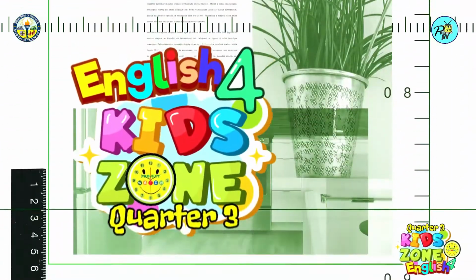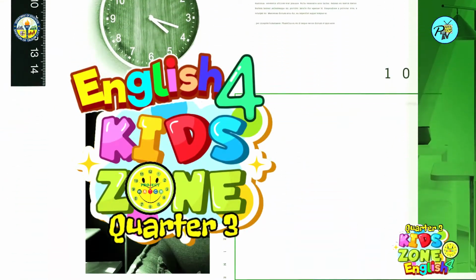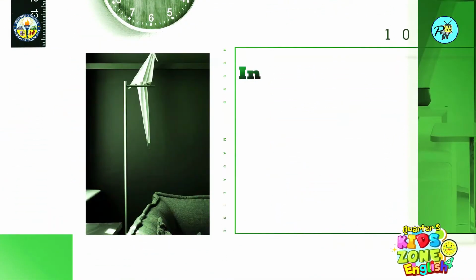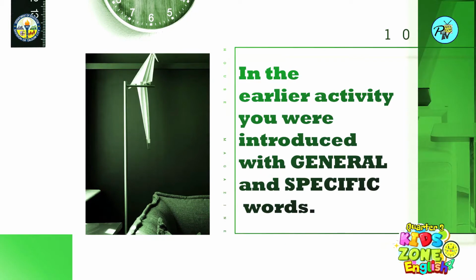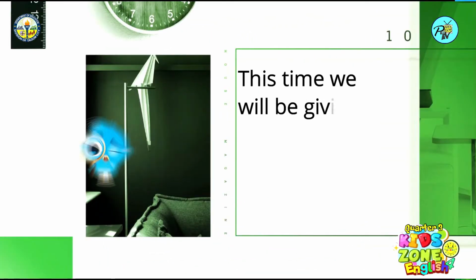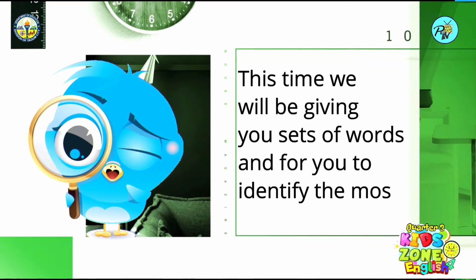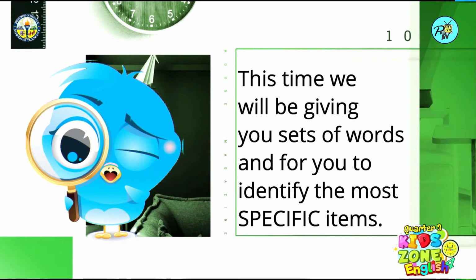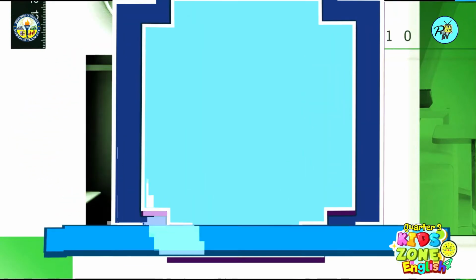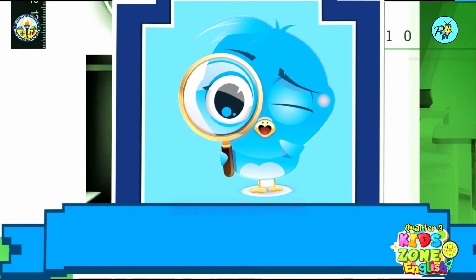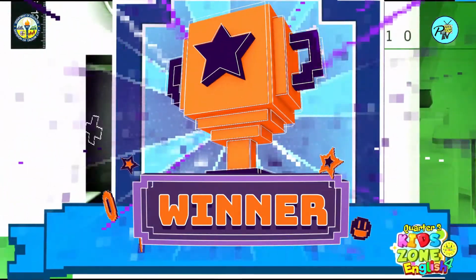We begin this lesson with a game. In the earlier activity, you were introduced to general and specific words. This time, we will be giving you sets of words and for you to identify the most specific items. The ones who identify them all correctly win the game.